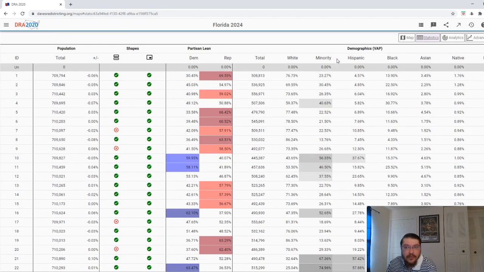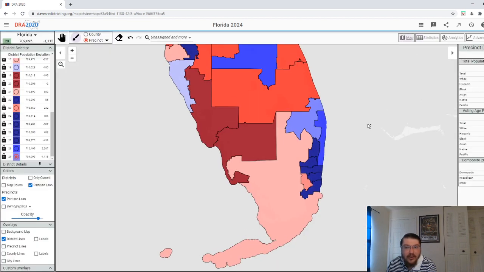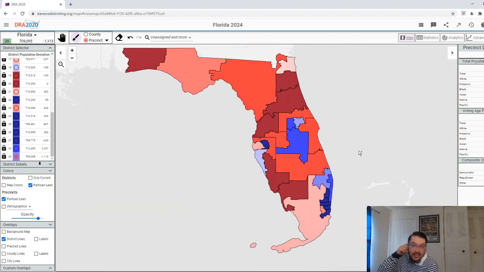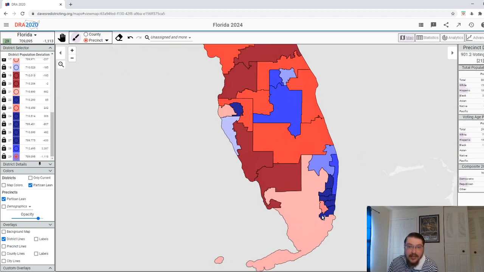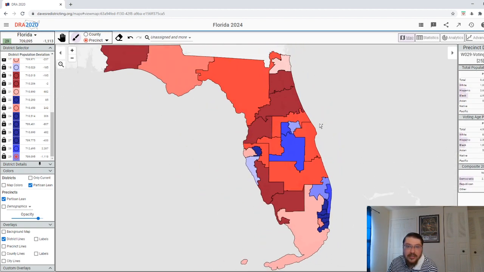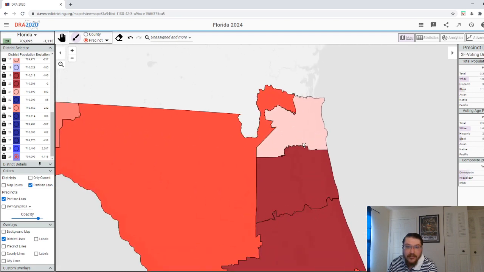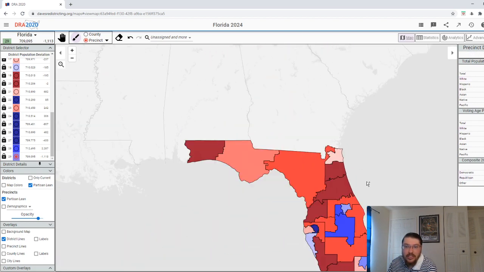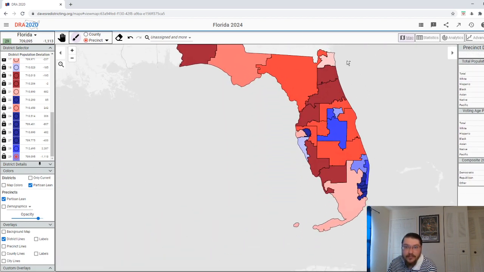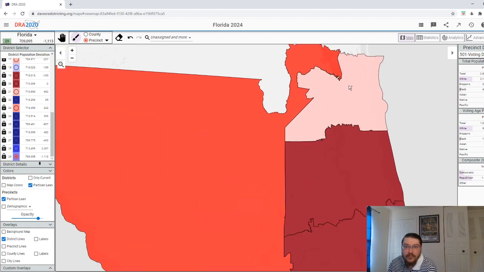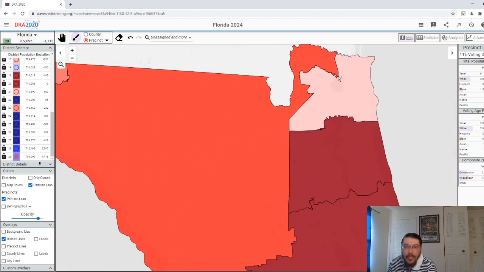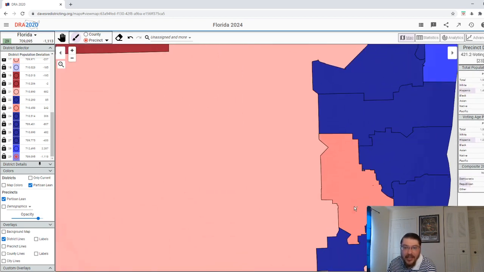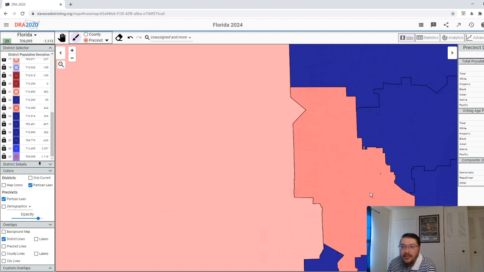There were a few that I can't figure out that are not contiguous, but this is still well within what could happen. Now, there are two instances that are pretty rare of two urban Republican-leaning districts. The fourth up here, and that's Jacksonville. I thought I saw something that I could actually fix here. And then this one in Miami.